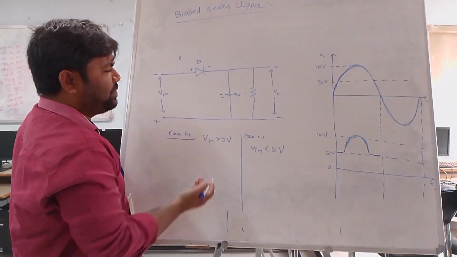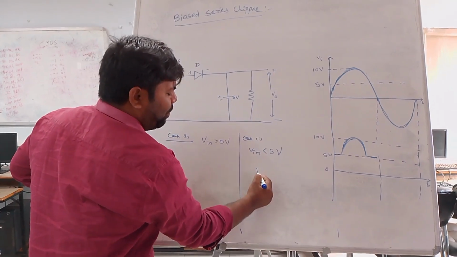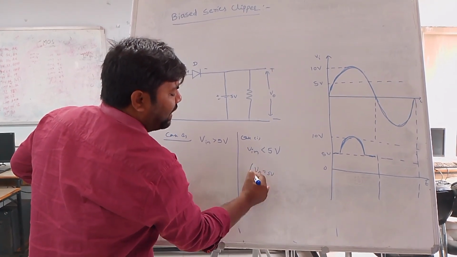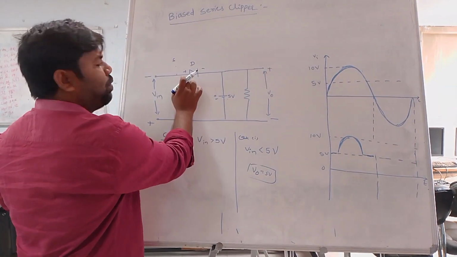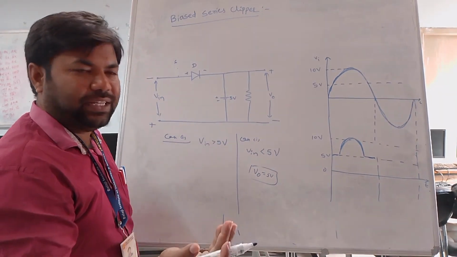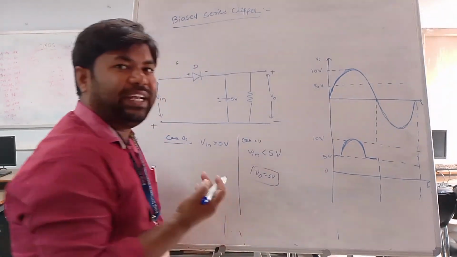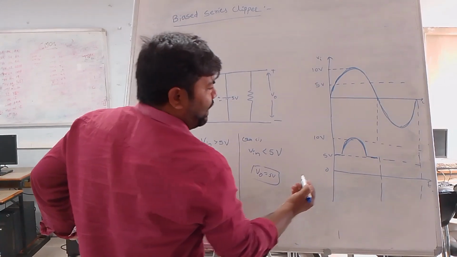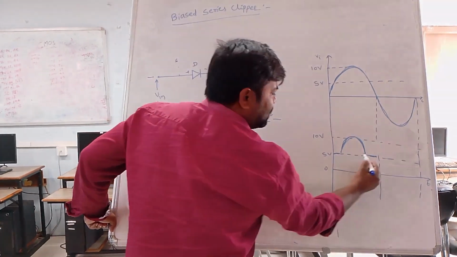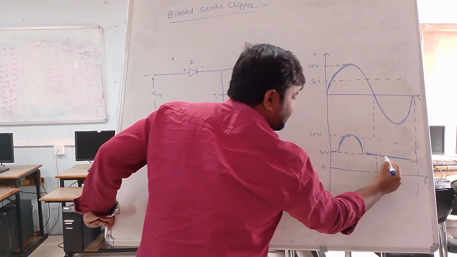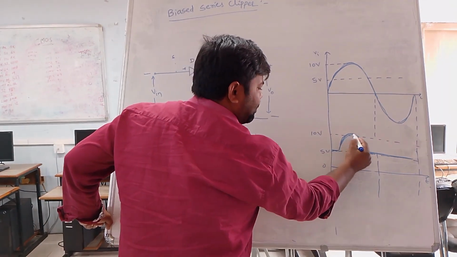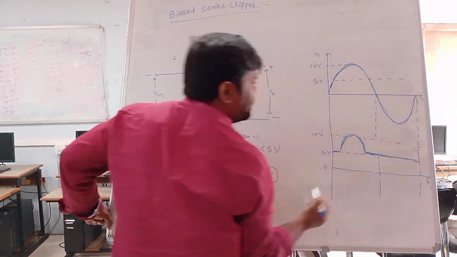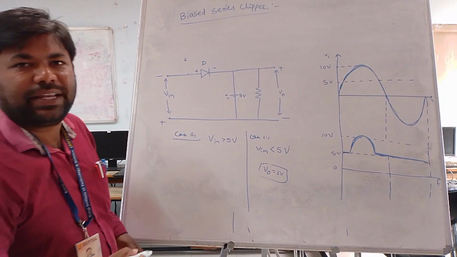Open circuited means we are getting only V0 equal to how many volts? 5 volts only we are getting. Why? Because this diode is open circuited, reverse bias condition. 5 volts DC, so we are getting output like this.